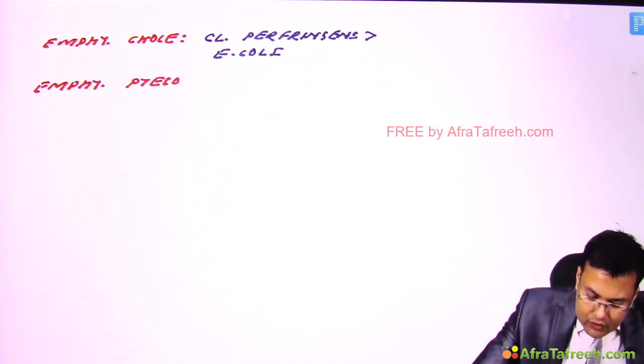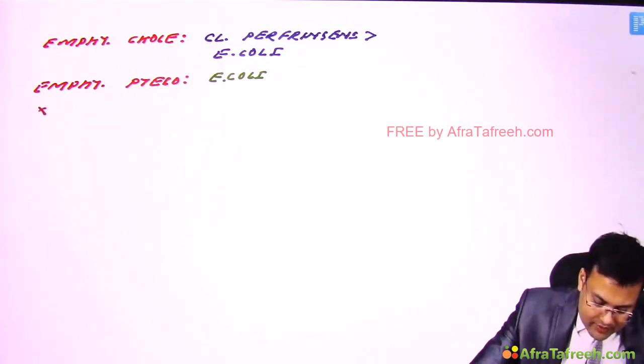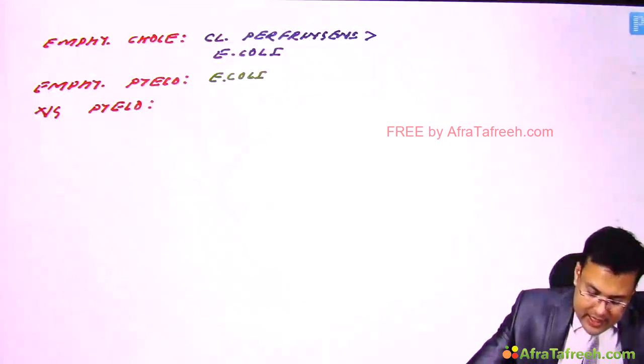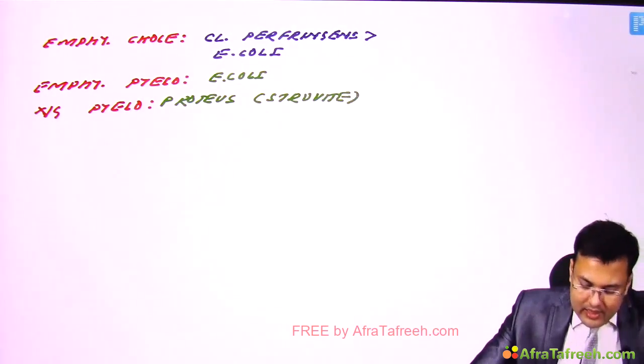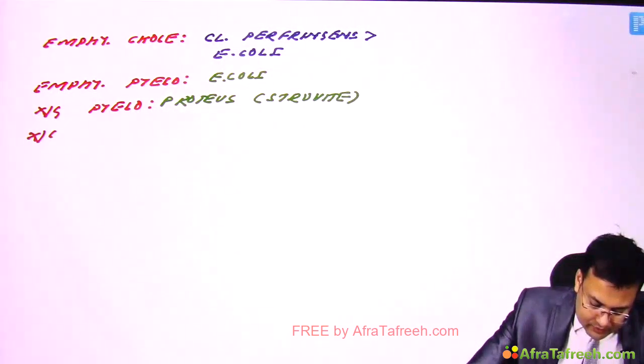And what is the most common organism? It is E. coli. Clear? Next is xanthogranulomatous pyelonephritis. And here the most common organism is Proteus, and it is associated with which stone? Struvite or staghorn.